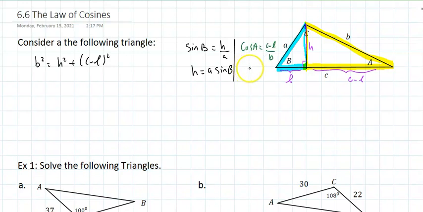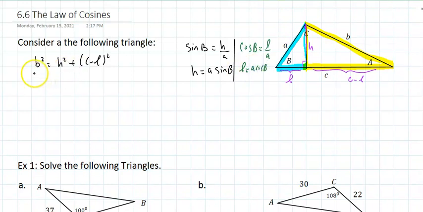So I could say that, actually, I'm going to go for the cosine of B. The cosine of B is going to equal the adjacent over the hypotenuse. And if I cross multiply, I'll get L to equal A, the cosine of angle B.